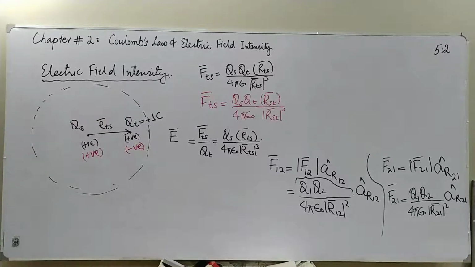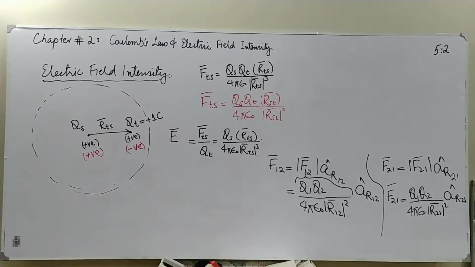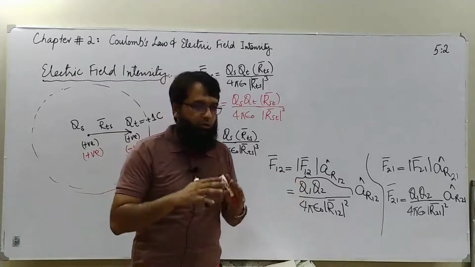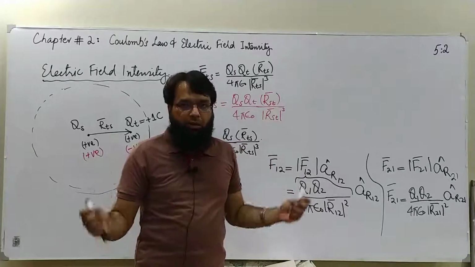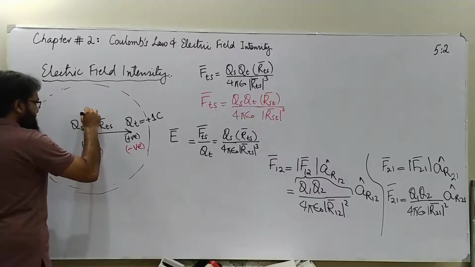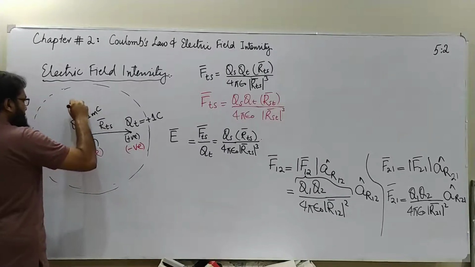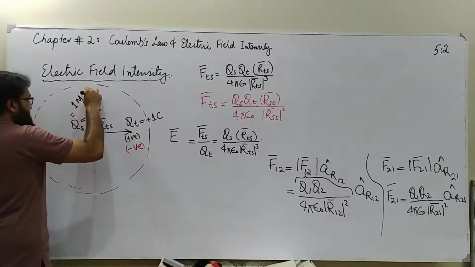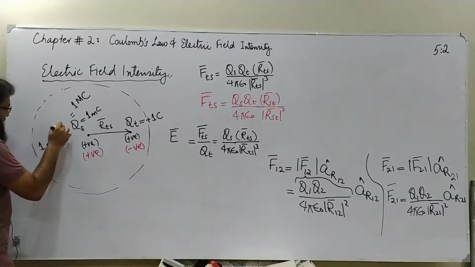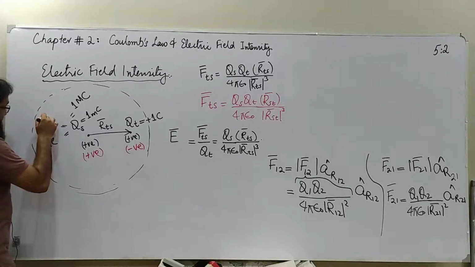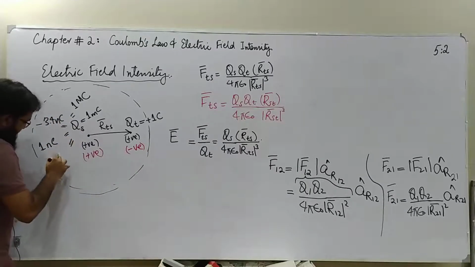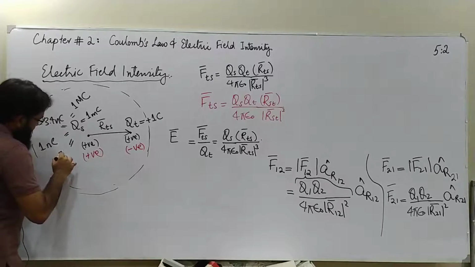This is electric field intensity: the force experienced by a +1 Coulomb charge, which is the judge charge for every possible charge within this universe, no matter if this Q_S is 1 millicoulomb or 1 megacoulomb, which is extremely high, or 1 nanocoulomb, or minus 3.4 nanocoulombs, or minus 7 millicoulombs.